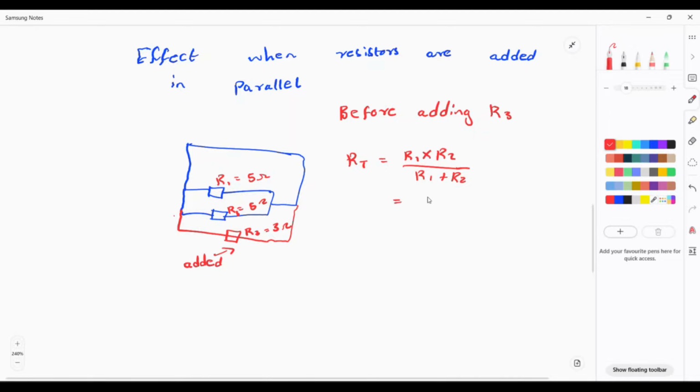Okay, so then your R1 is 5, and then your R2 is also 5, and then that is 5 plus 5. What is the answer that you get from your calculator?